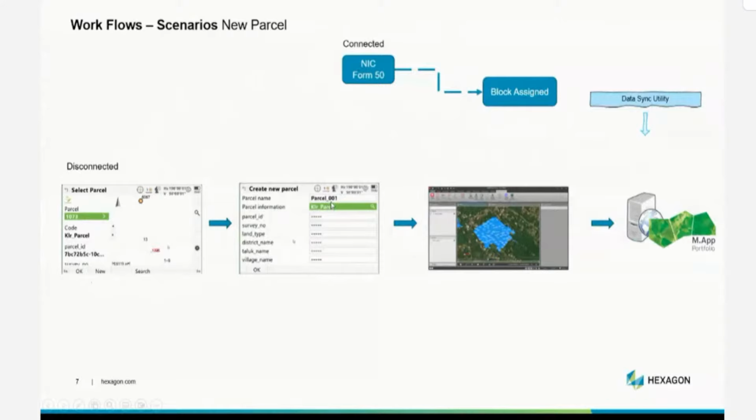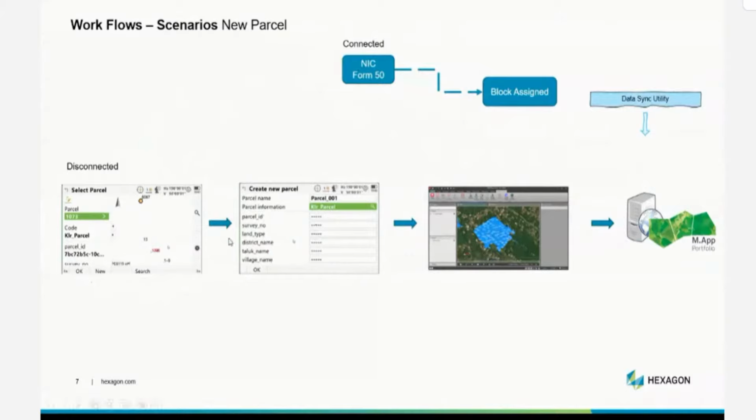Once he hits on new, it will start creating a new parcel. It will automatically create some new parcel names. Then it will show a blank field. Some basic textual information will be filled, and some will be asked for. Here we are also giving an option, because the surveyor may already be working on one particular block, say B016.